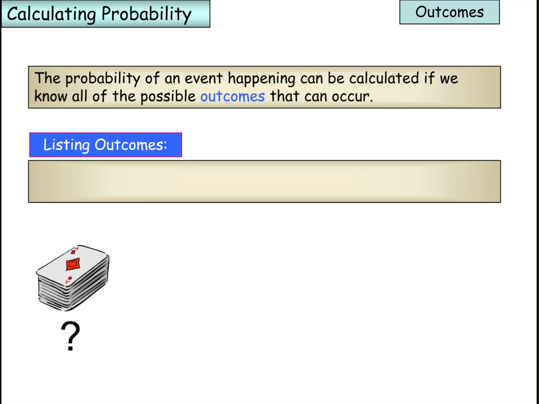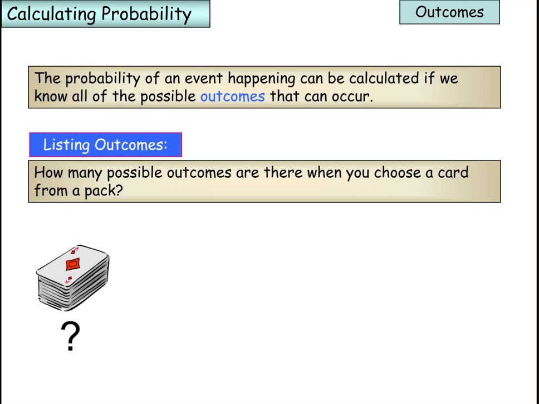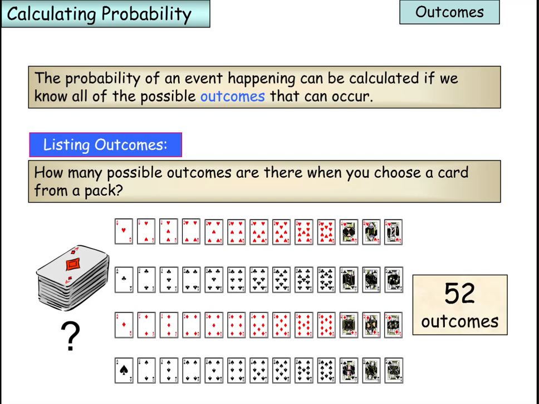Pack of cards. It's not really used so much these days. How many outcomes are there when you have a pack of cards? There are 52.